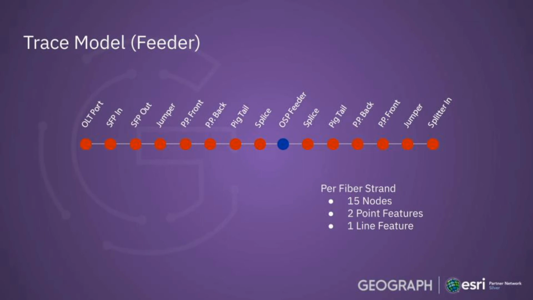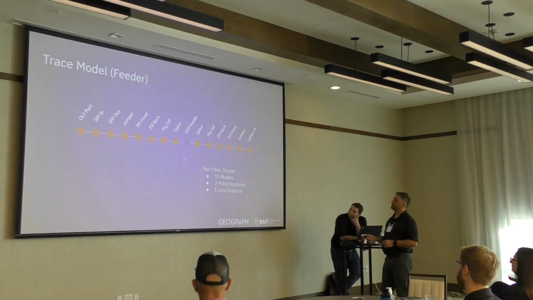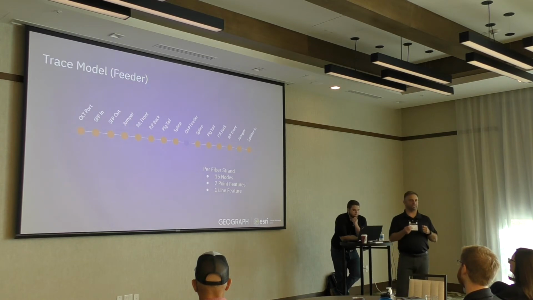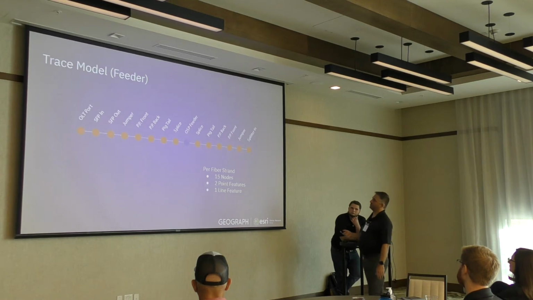If you see red, these are nodes that could exist in one point feature. See blue, that is a node that could exist in a line feature. I say exist in, what I'm really saying is related to a line feature. The model on the back end says this is a node, but when you're looking at it on the map, this is a line. That's what it represents here.